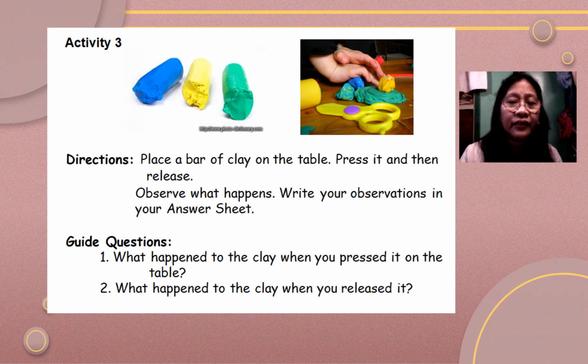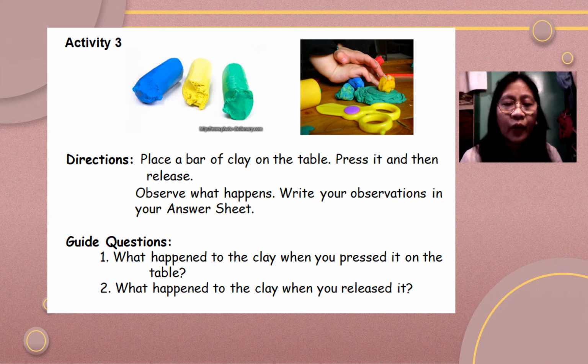For activity 3, the material that you need is a bar of clay. For the direction, place a bar of clay on the table. Press it and then release. Observe what happens. Write your observations in your answer sheet.